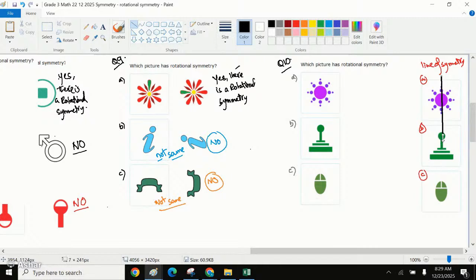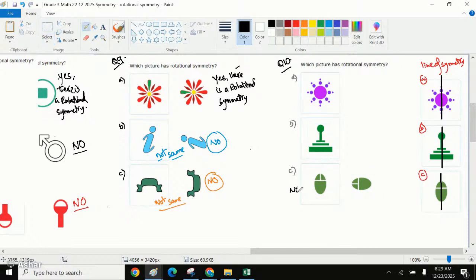I'll stop over here, then make another line. Yes, we do still have a line of symmetry. And in the third case, yes, we do have a line of symmetry. So it's not necessary that if you have a line of symmetry, then you will have a rotational symmetry. Because if we start off with option C, paste it here and try to rotate it, they don't look the same.